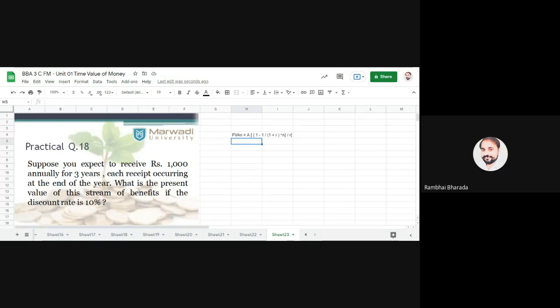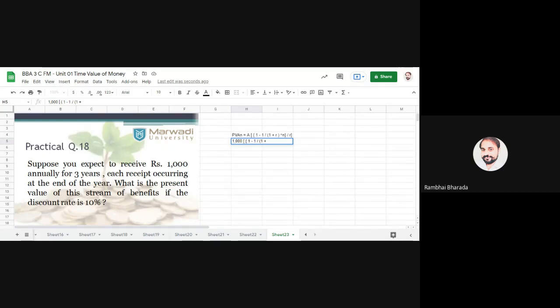Done. Now put the values. A means amount, the constant amount. Here the constant amount for the next 3 years is 1,000 rupees. So it is equal to 1,000 in a bracket, counter bracket, 1 minus 1 divided by 1 plus r.